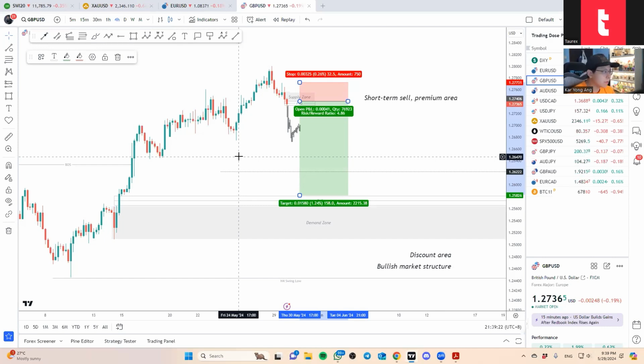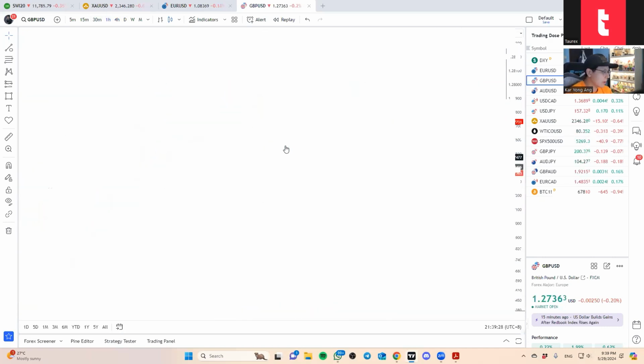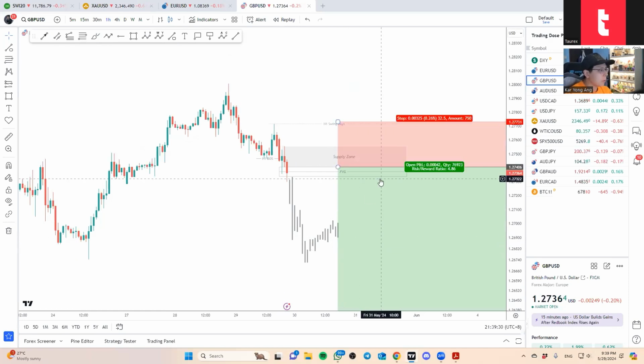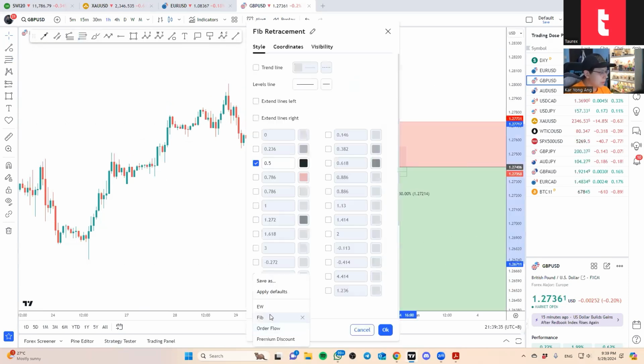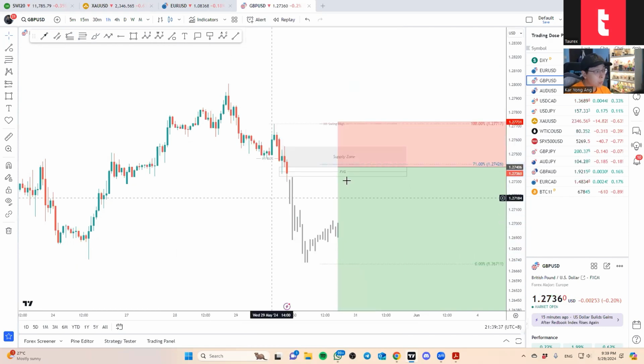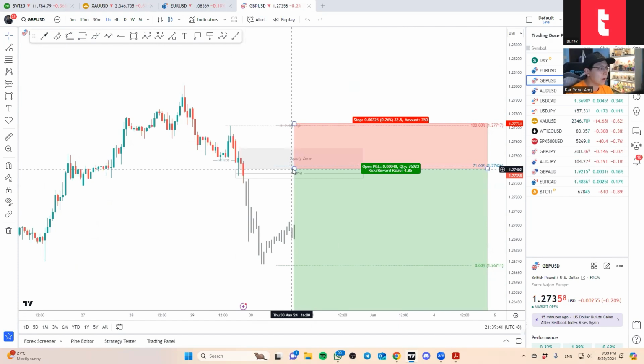Some traders would use Fibonacci as well and things like that. You can look for alignment. For example, you go back to the lower time frame. Suppose this is the high, this is a low. The pullback happens. You can also utilize Fibonacci. For me here, sometimes I look at the 71, which in this case is perfect alignment. You have the 71, you have the order block, you have the fair value gap there. Kind of similar.